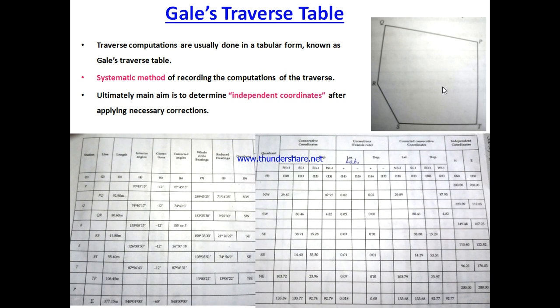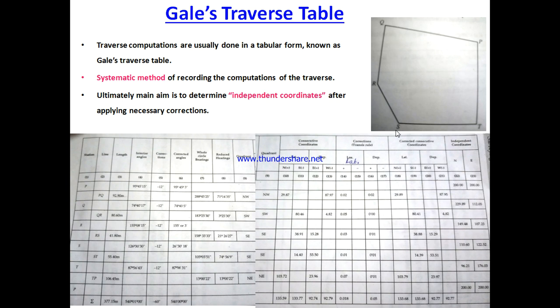So our ultimate aim is, after making all the corrections and after doing all the computations of latitude and departure, I need to reduce the closing error to 0 and I need to determine the independent coordinates after removing all the errors from the traverse. So it can be calculated and shown systematically in the form of a table, which is known as Gale's traverse table.